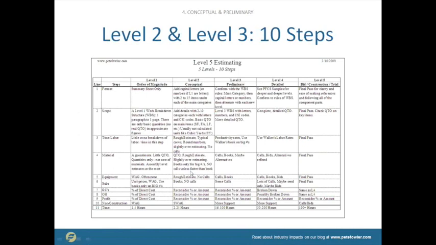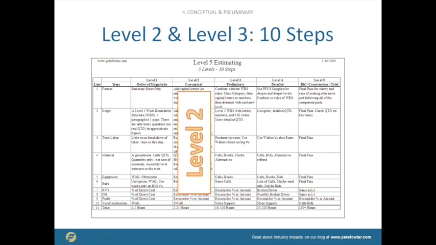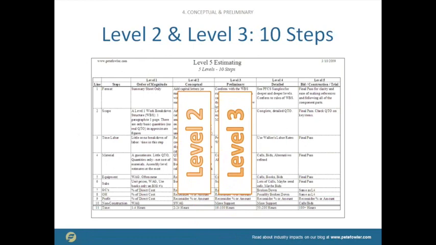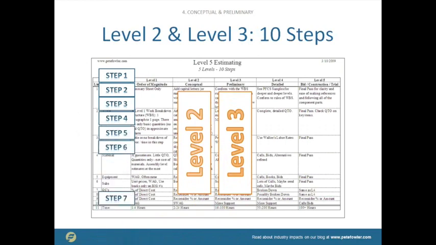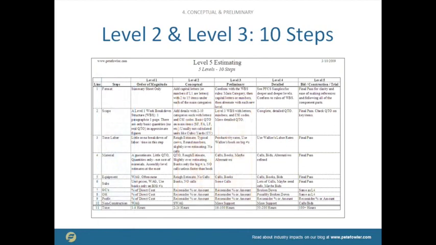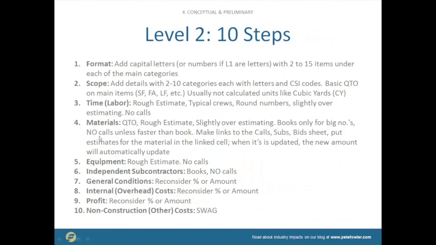So again, back to our 5 levels, 10 steps. We're doing level 2, so we're going to level 2 and 3. We're going to move on to the estimate details sheets. On level 1, we just had the 1-page summary, as we talked about. So now we're moving on to the details, and we're taking each one of the line items on the summary sheet and putting it into the estimate details sheet, and we are making room to do some detailed estimating.